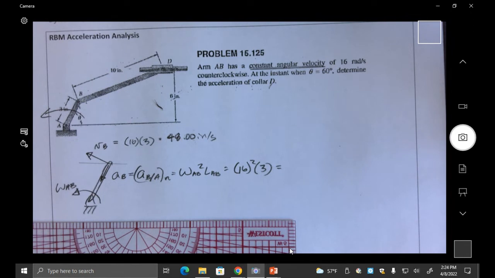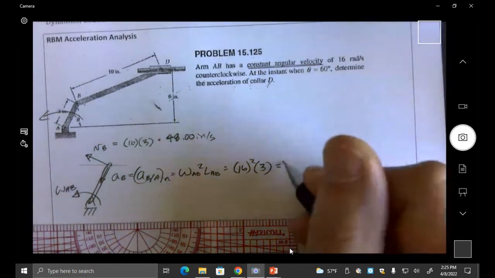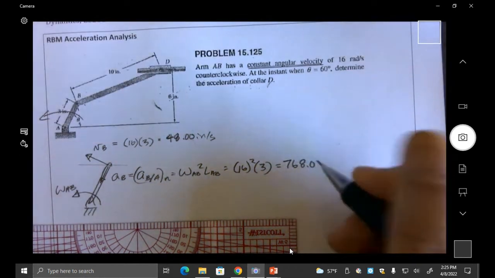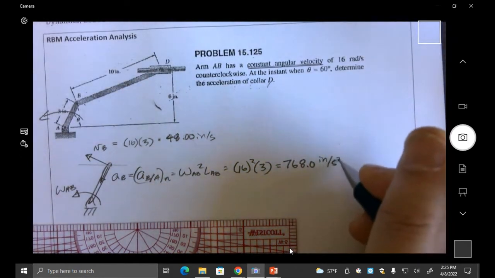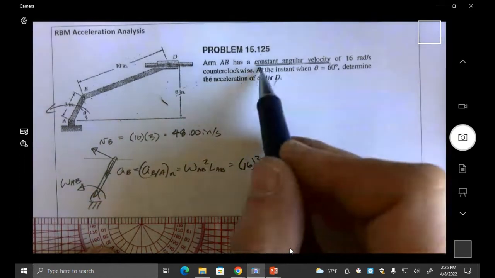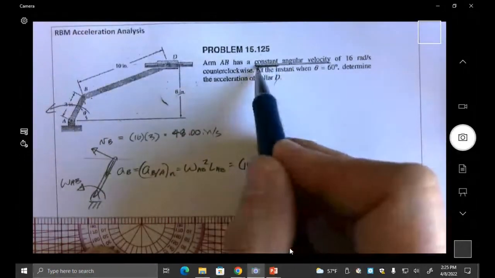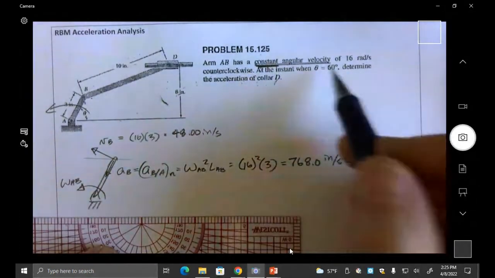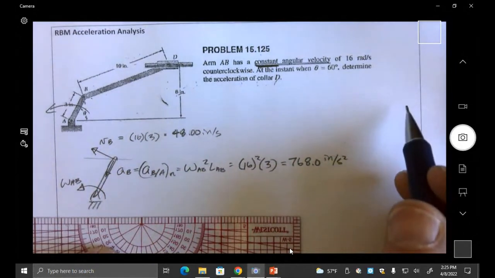It should be 768. Exactly, 768. His trust issues are apparent. So it's only the normal direction because it's just rotating? Yeah, just constant. It's the constant angular velocity part of the thing again.